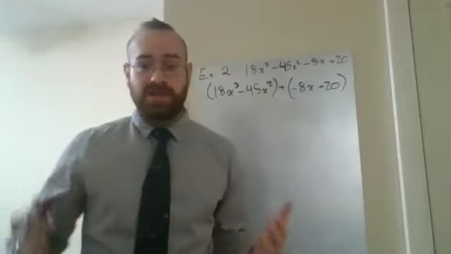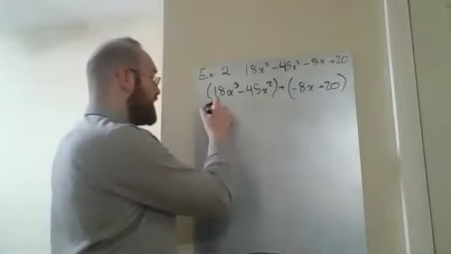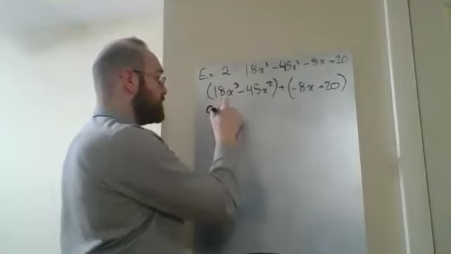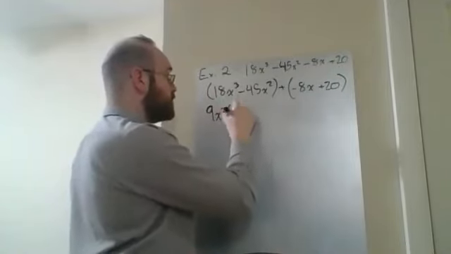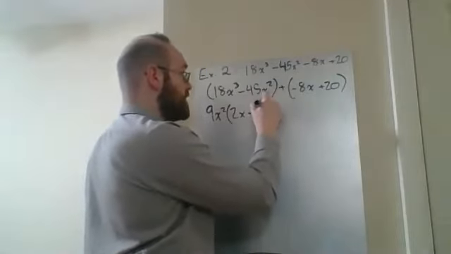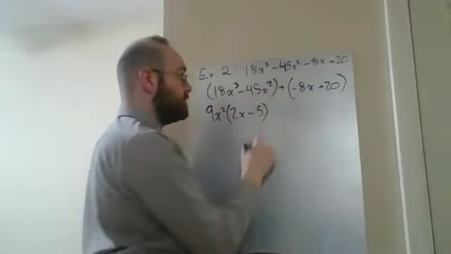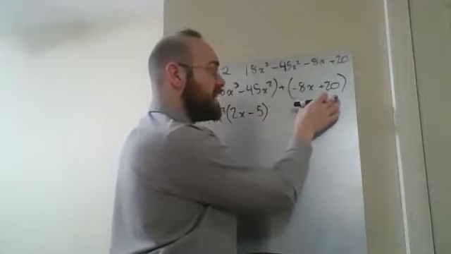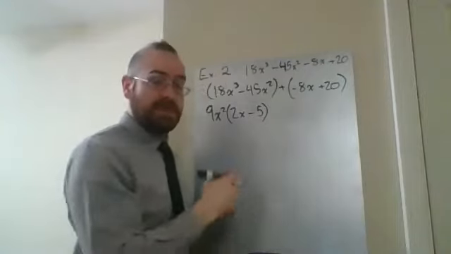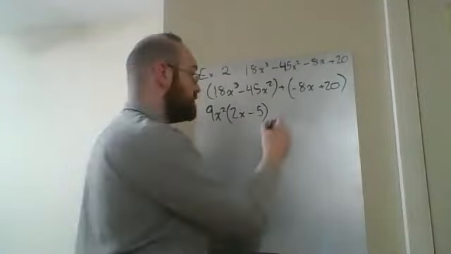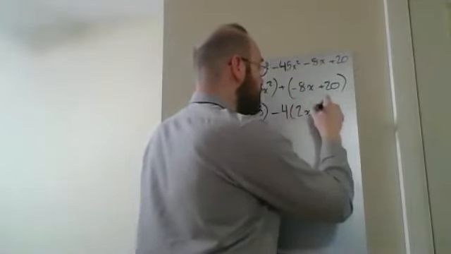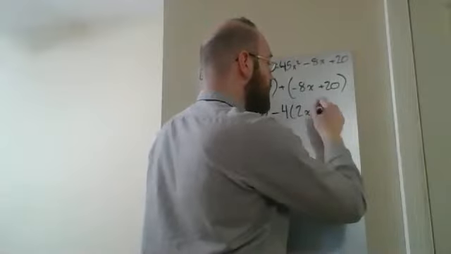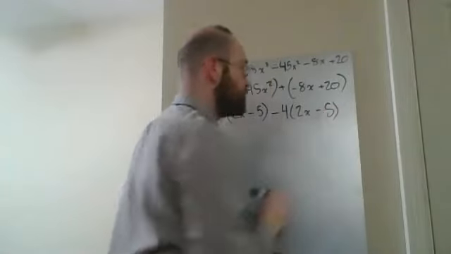Presumably, you've done this already, and you found that 9x squared is the GCF of our first term, leaving 2x minus 5, and then negative 4 is the GCF of the next set. That's negative 4 times 2x minus 5.